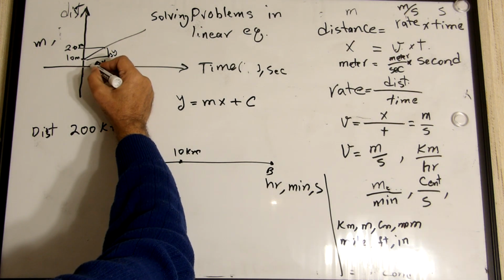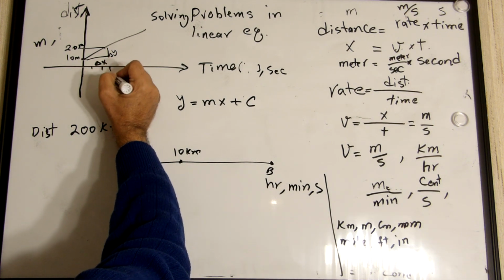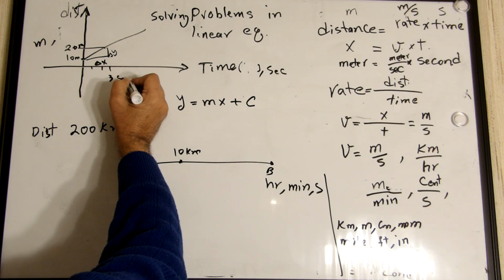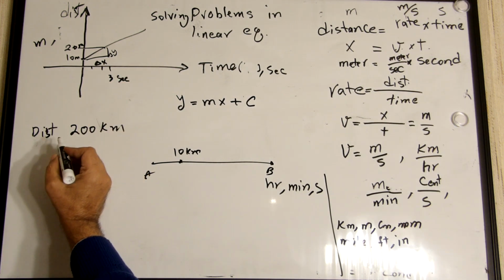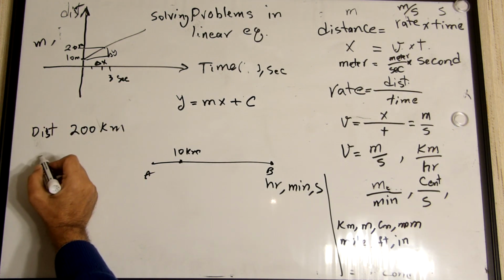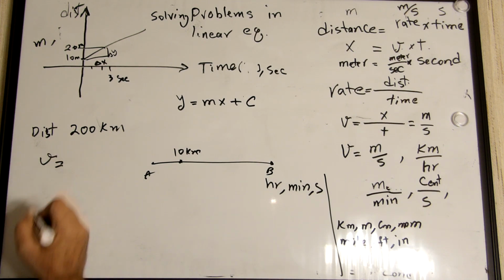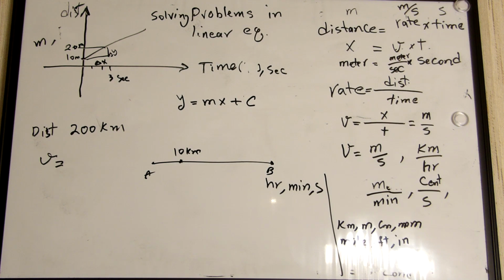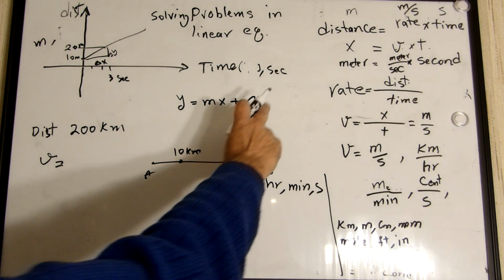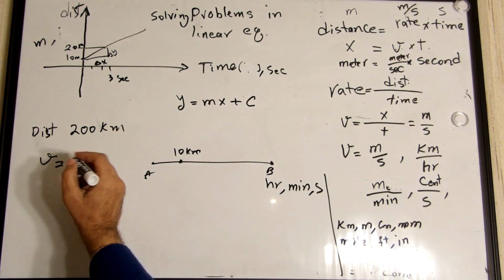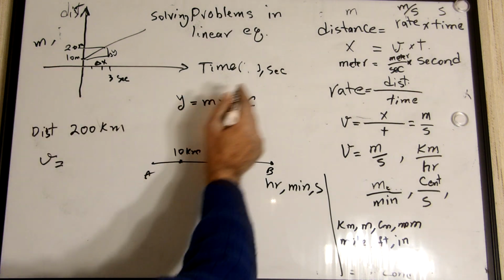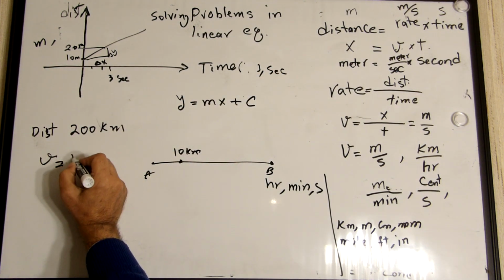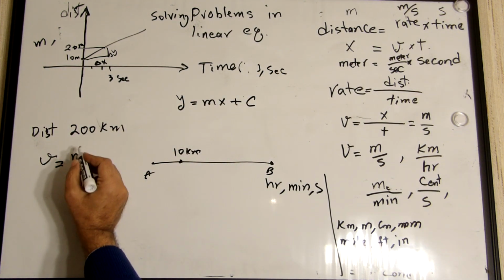And here was 1, 2, 3 seconds. So we say velocity is the slope, or the rate of change of the distance to second. If it's meter and this is second, the unit is going to be meter per second.